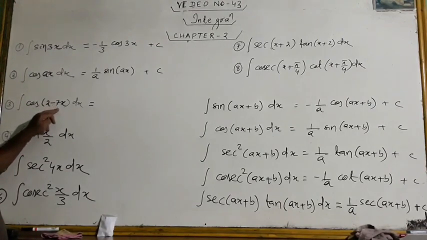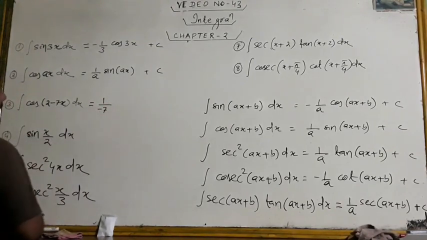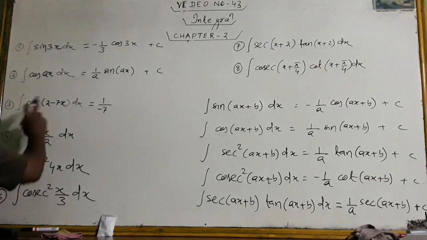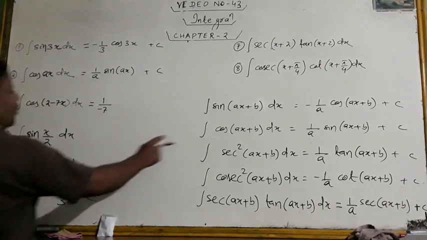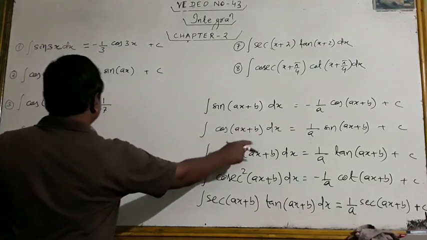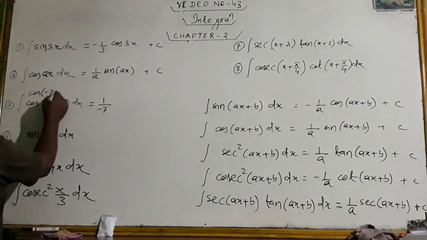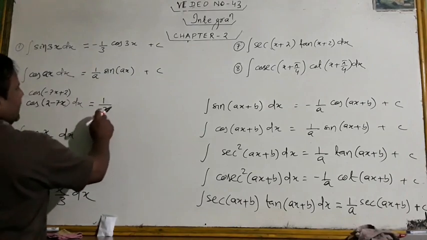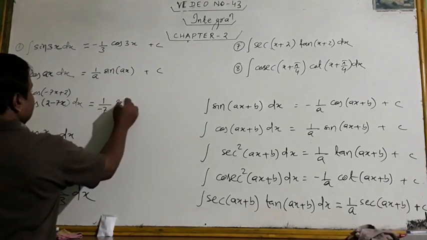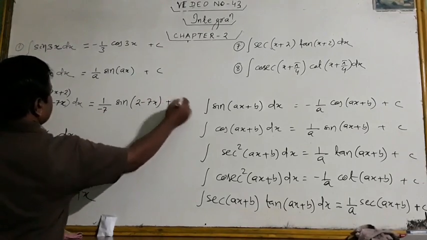Mind it, it is very important. So the answer will be 1 by minus 7 sin(2 minus 7x) plus c.